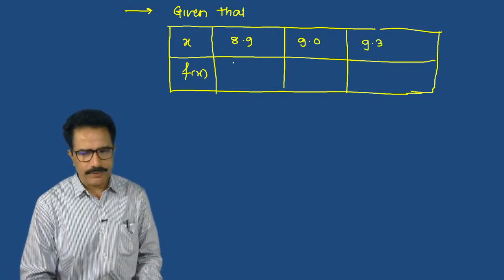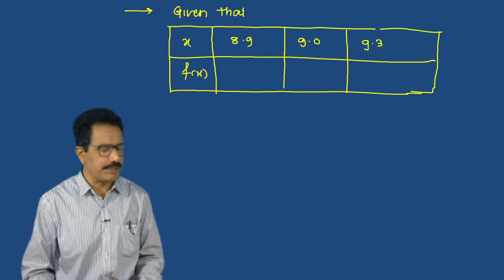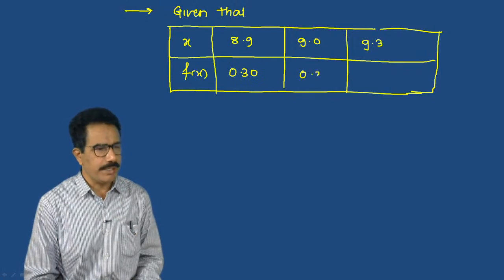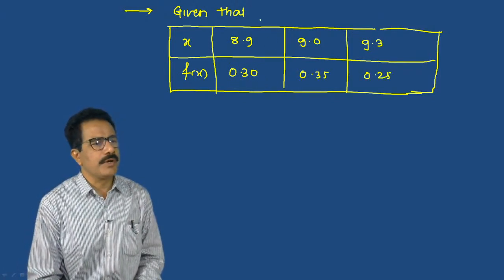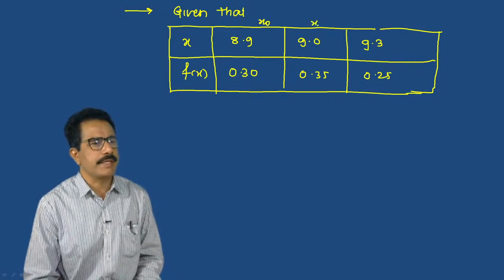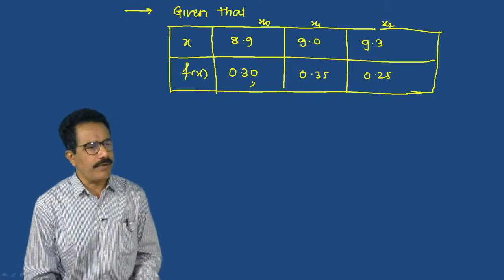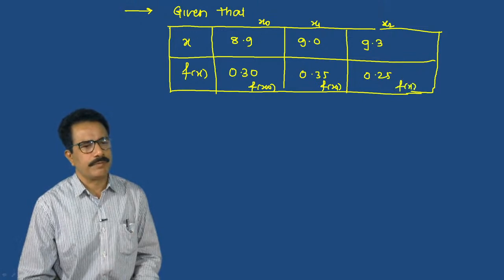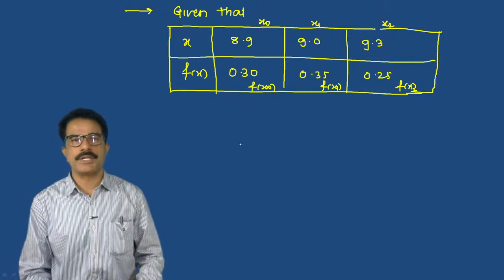The corresponding values of f of x are 0.30, 0.35 and 0.25. Suppose these are x0, x1, x2. According to Lagrange, these are f of x0, f of x1, f of x2. Then we have to use Lagrange's interpolation formula.